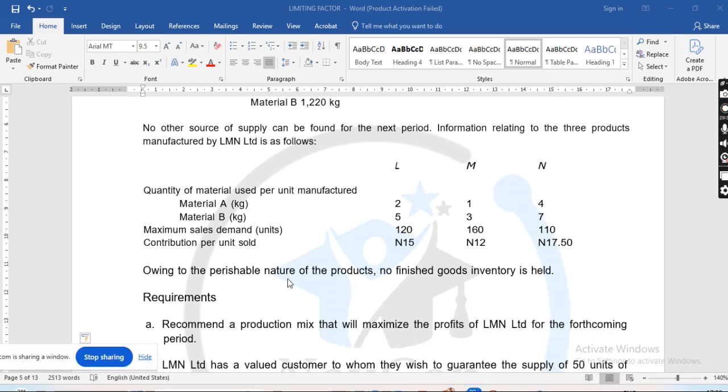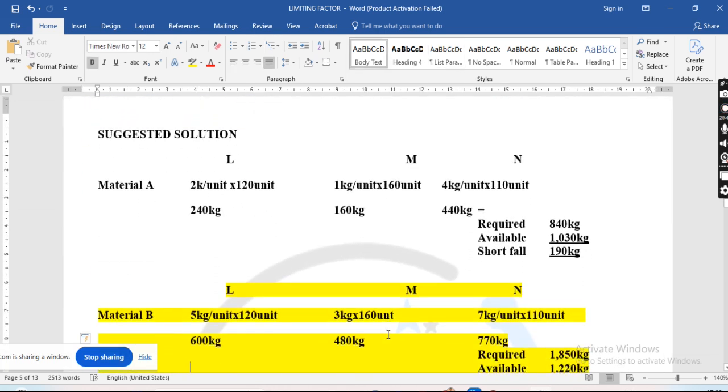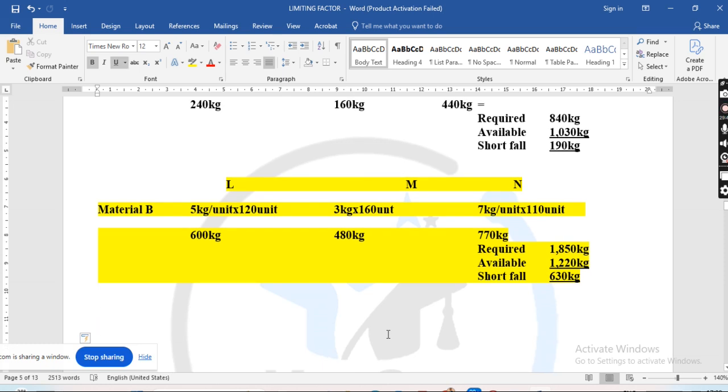Okay, so the contribution per limiting factor. Sorry, why am I saying contribution per limiting factor? Contribution per unit is given to us in this question. So screenshot it. The next step is to determine the contribution per limiting factor.